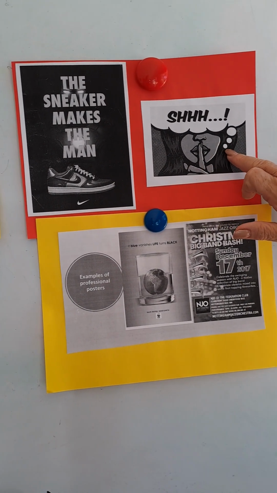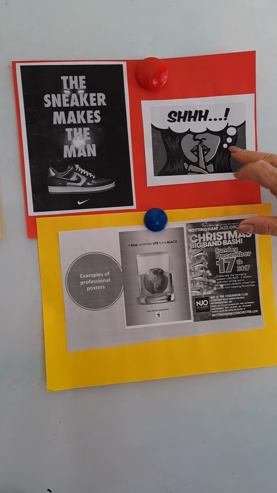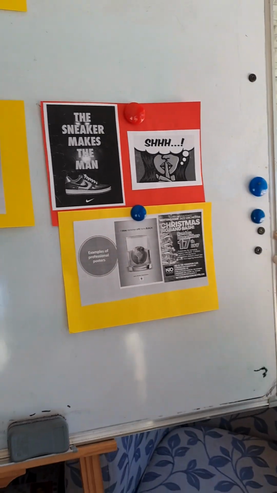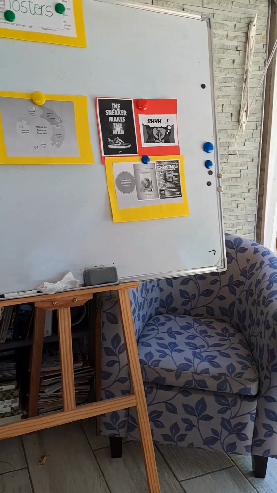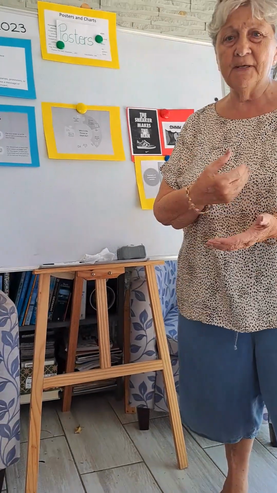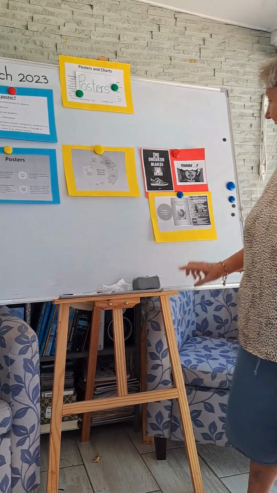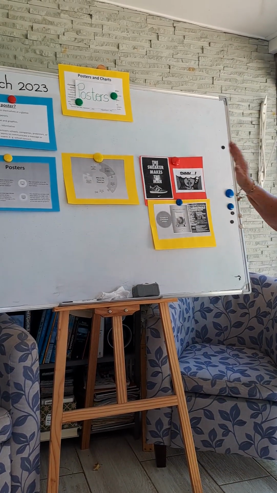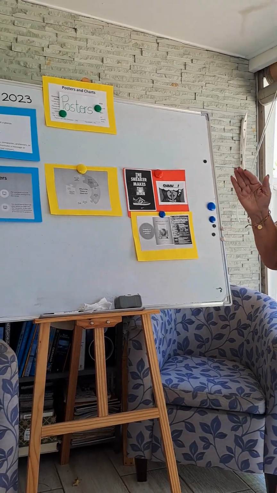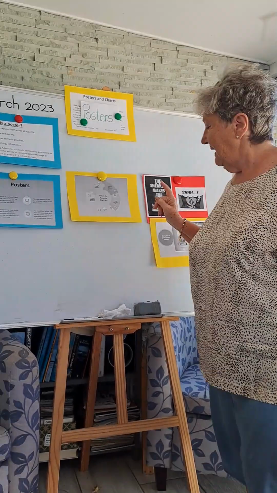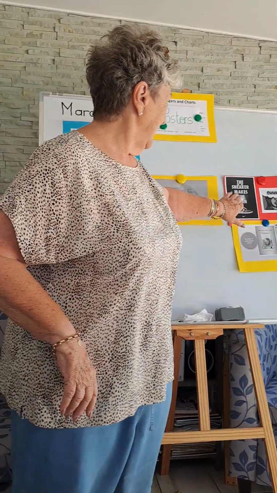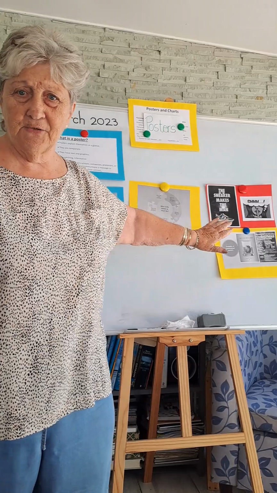And this would be up at the library door. Keep quiet. It doesn't say, this is the library and nobody may talk here because it disturbs children. They don't write a whole story about it. Just this. And that's a poster. Short and to the point. There's another poster. The sneaker makes the man. A Nike poster.